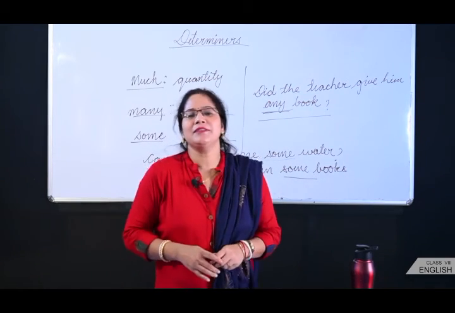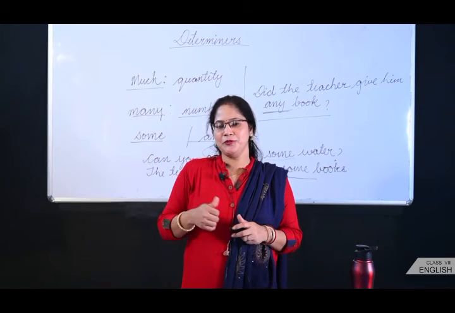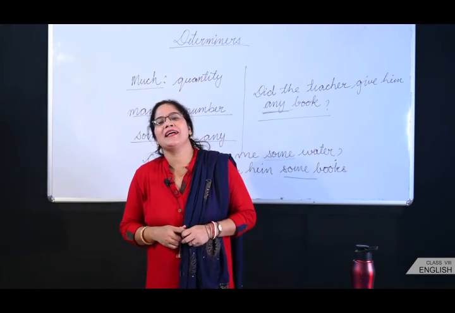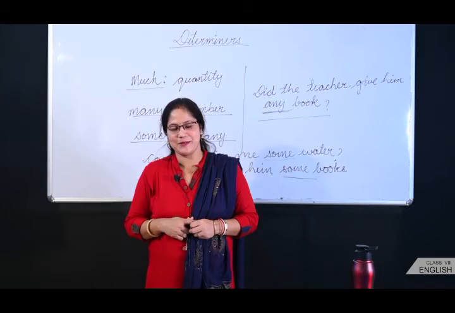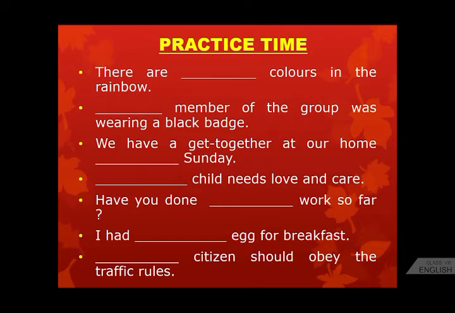I hope students you understood the determiners. And do you know what I have for you? Yes, it's our practice time. Let's have a look. First one, there are dash colors in the rainbow. Here the sentence is telling about numbers.